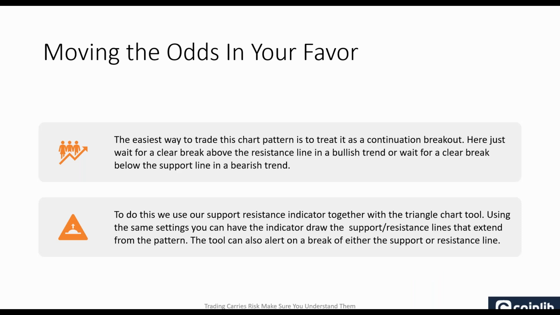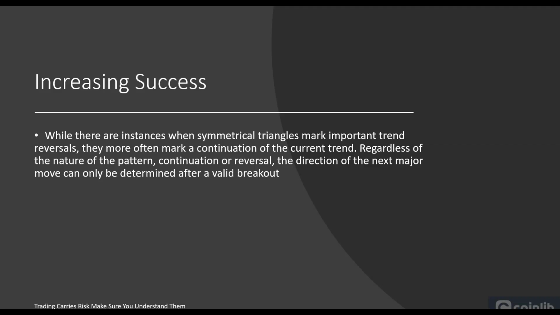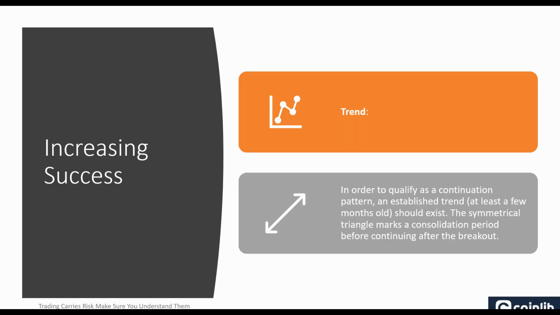So the best way to trade this pattern is to treat it as a continuation breakout. One source says, while there are instances when symmetrical triangles mark important trend reversals, they more often mark a continuation of a current trend. Regardless of the nature of the pattern, continuation or reversal, the direction of the next major move can only be determined after a valid breakout.